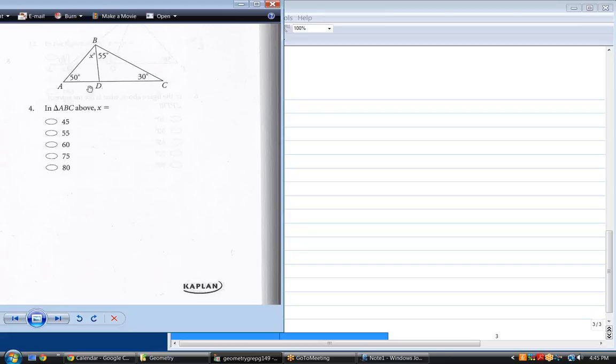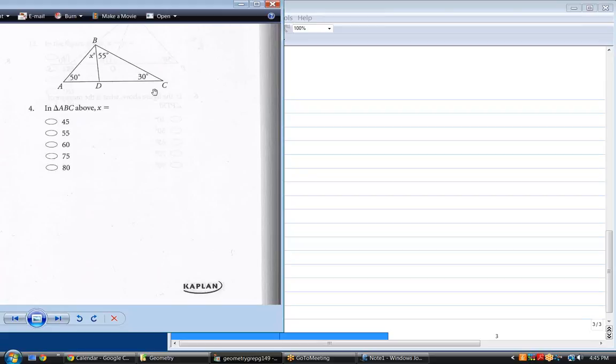But you can use all of the information. Remember, when you see a setup like this, you're looking at how many triangles? Okay. How many triangles are you looking at? 3, technically. Absolutely 3. You got ABD, you got BCD, and you got ABC. So that would equal 25, right?